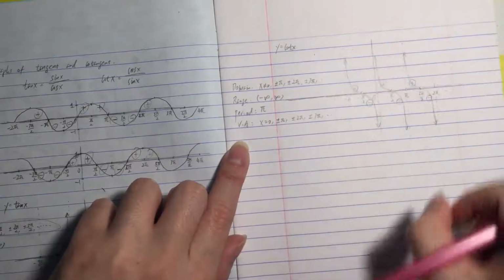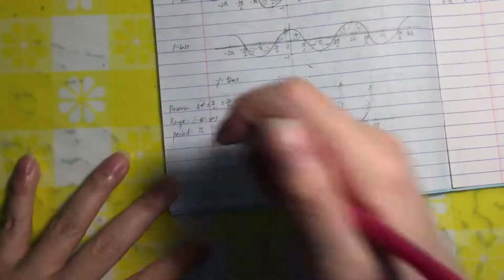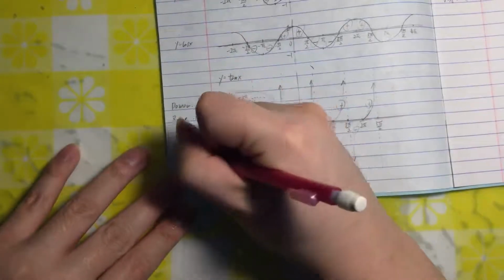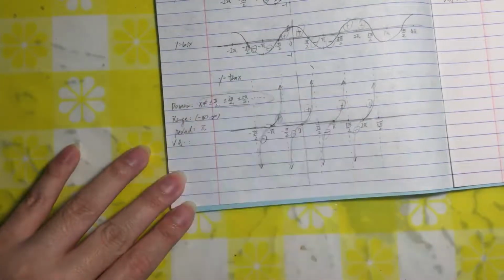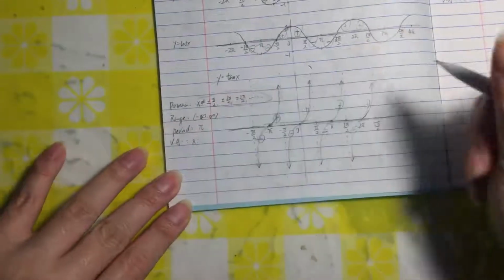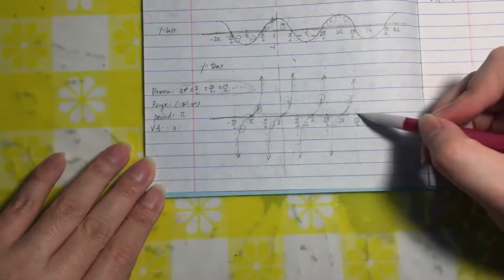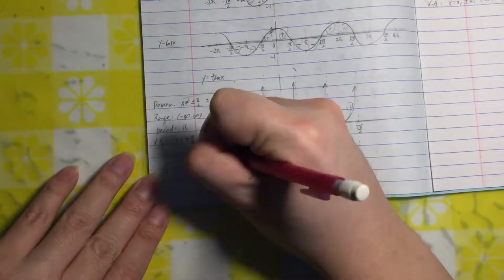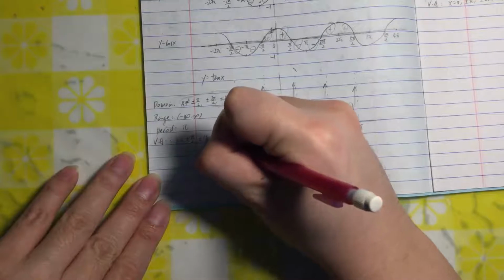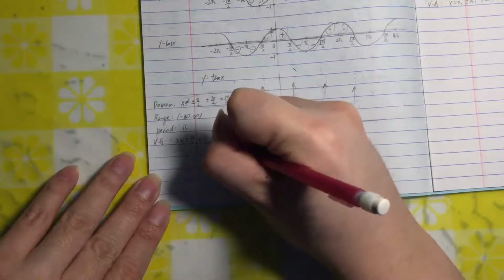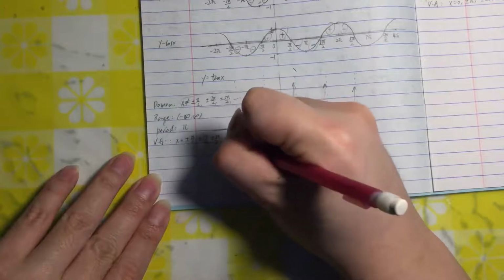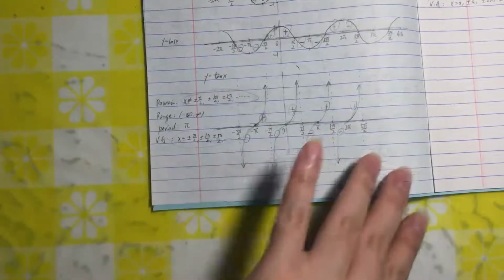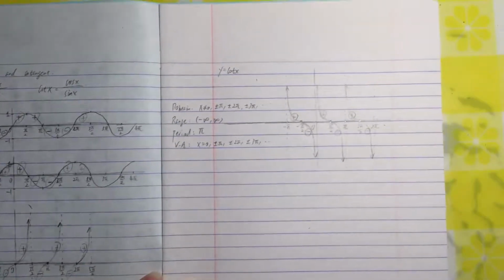And for tangent function, the vertical asymptotes are x equal to pi over 2, 3 pi over 2, 5 pi over 2, and so on, x equal to plus or minus pi over 2, plus or minus 3 pi over 2, plus or minus 5 pi over 2, and so on. There are infinitely many vertical asymptotes. Those are the graphs of tangent and cotangent functions.